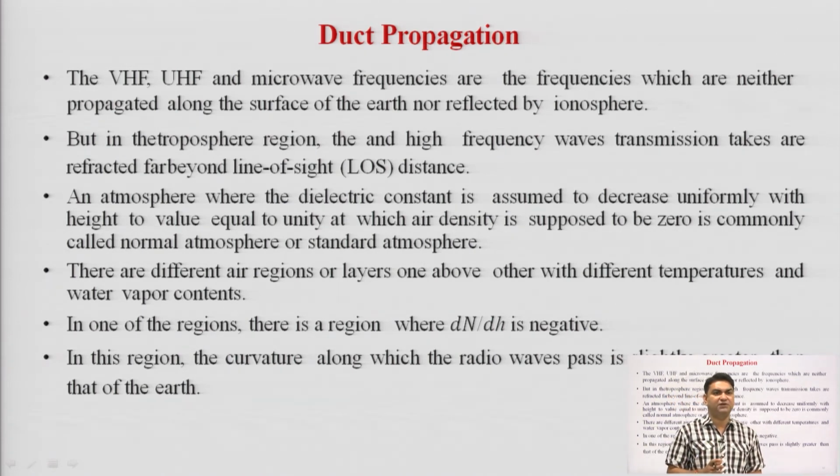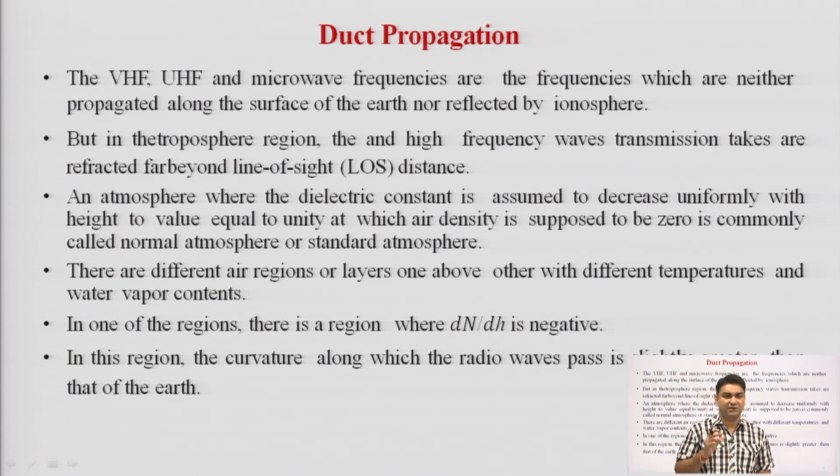An atmosphere where the dielectric constant is assumed to decrease uniformly with height to a value equal to unity, at which air density is supposed to be 0, is commonly called normal atmosphere or standard atmosphere.